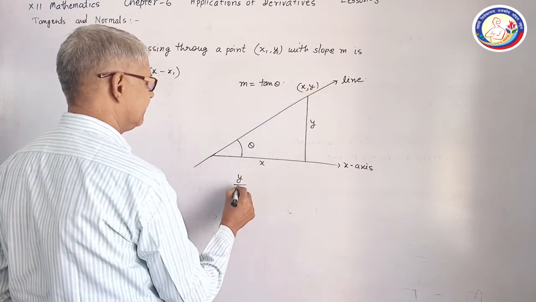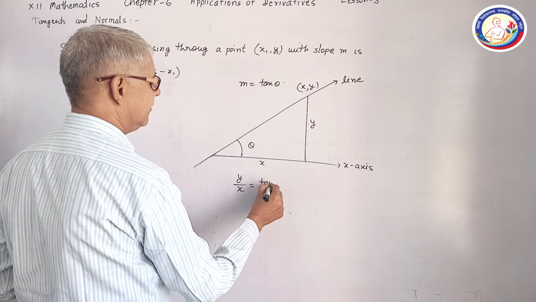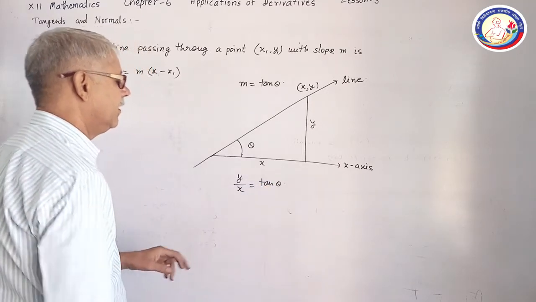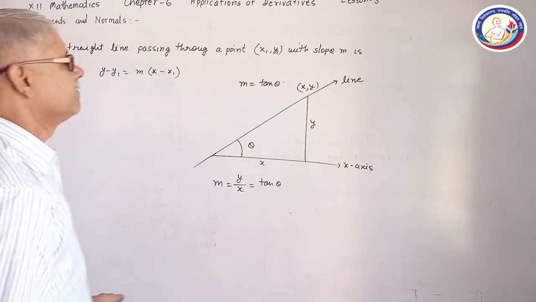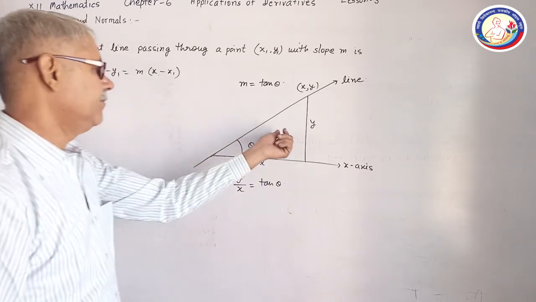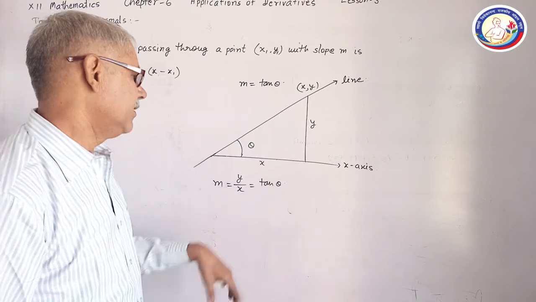Y upon x is tan theta, and it is denoted by m. So this is the meaning of slope of tangent.